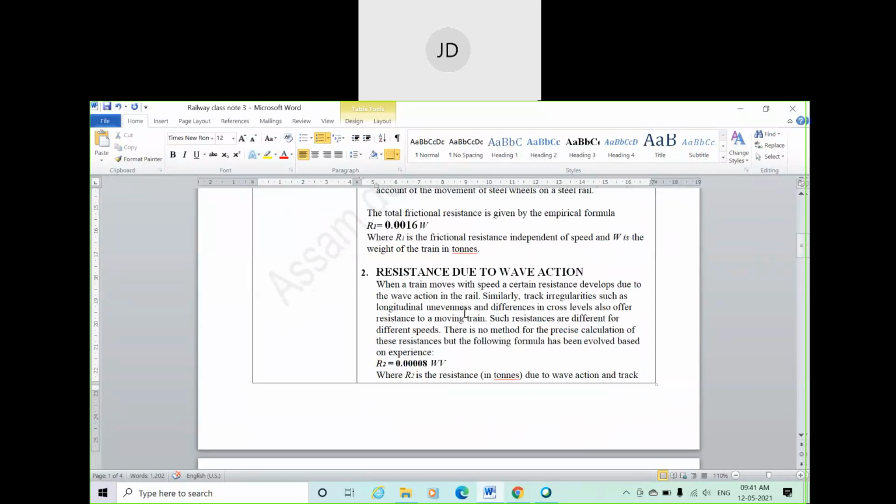There is no such specific method to calculate the resistance due to wave action, but at least theoretically you can go through this empirical formula.